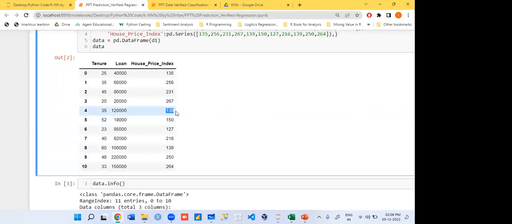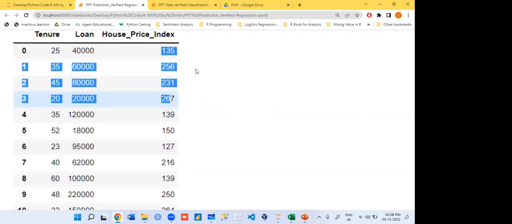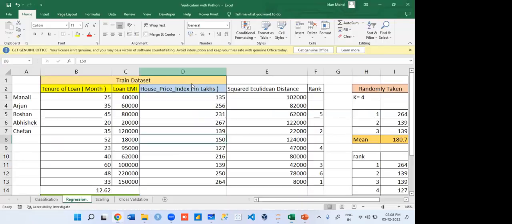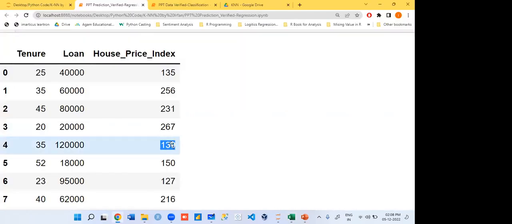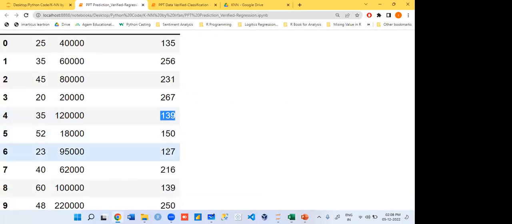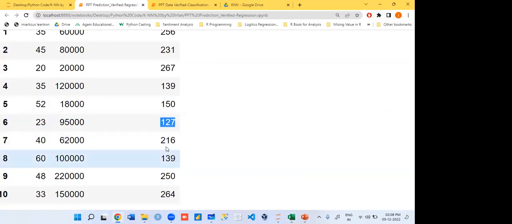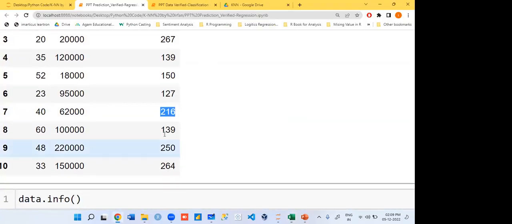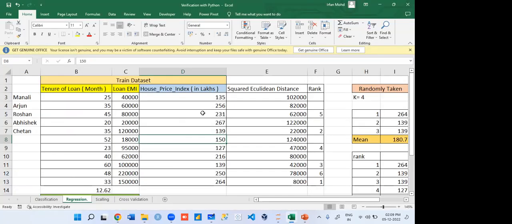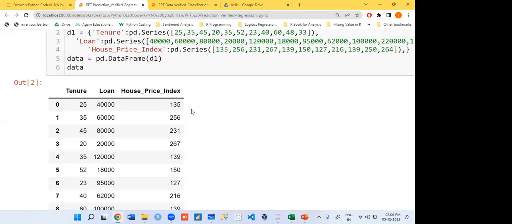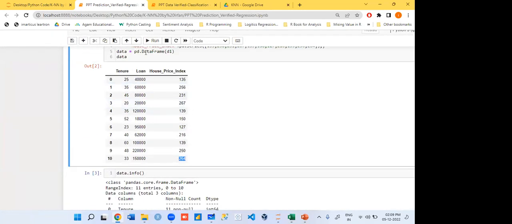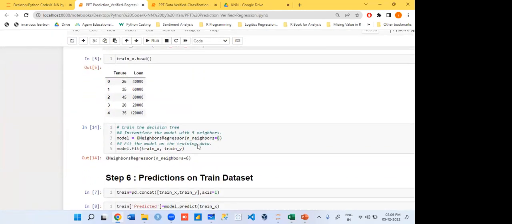It looks like I took one extra data. Guys, compare the value of Y. 135, 256, 231, 267, 139, 150, 127, 216, 139, 250 and 264. Just compute average of 3 numbers. Take average of 3 values of Y.